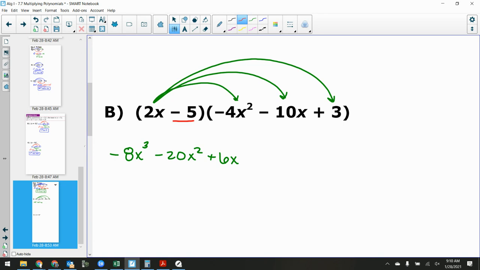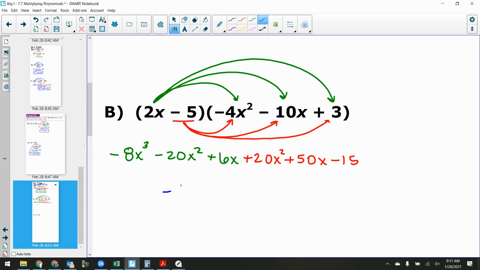Okay, we bring in the negative 5. Negative 5 times negative 4, plus 20x squared. Negative 5 times negative 10, plus 50x. Negative 5 times positive 3, minus 15. And at that point, I just combine like terms.